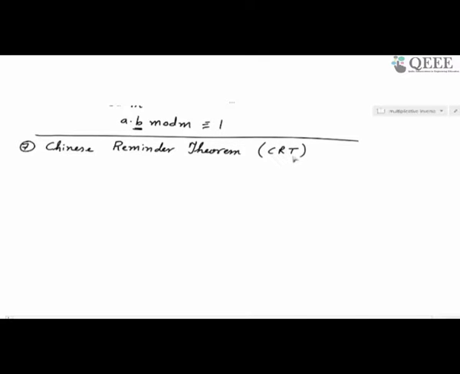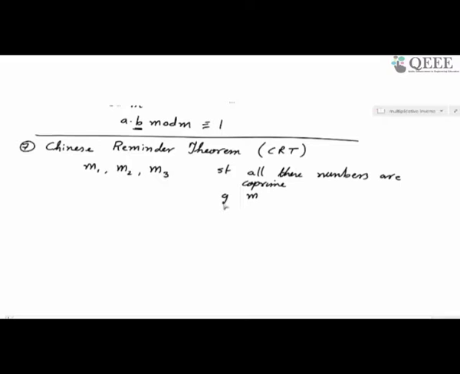We will not go into the proof of this theorem, but we will just take it as a rule. So let us say we have some coprime numbers m1, m2, and m3, such that all these numbers are coprime. What do we mean by this?